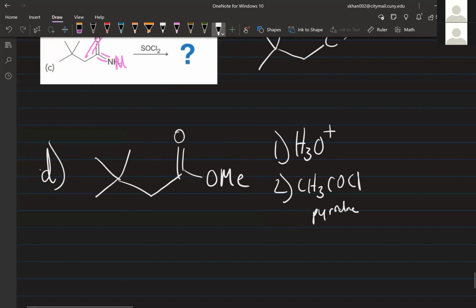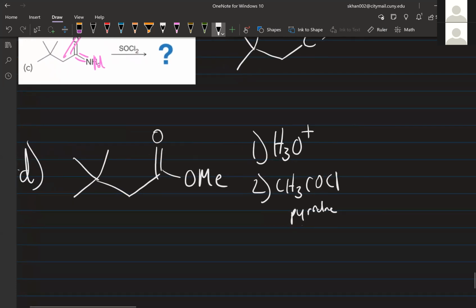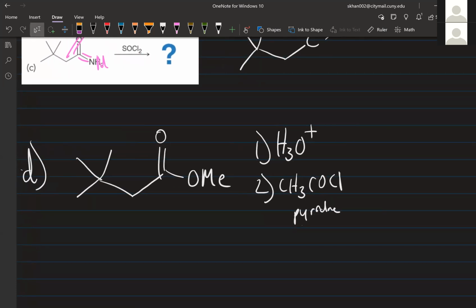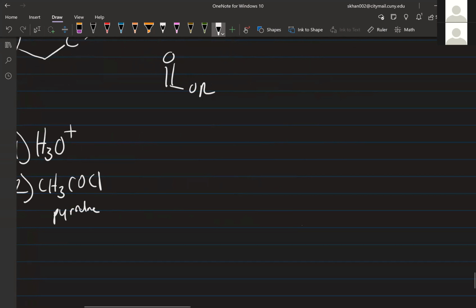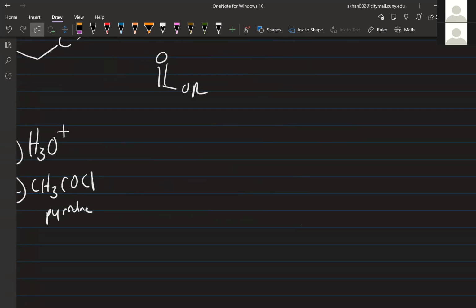So whenever you see any ester, generalized once again, OR, this is just acid-catalyzed hydrolysis. And if you have any H plus, or you see H3O plus, whatever it might be, all you're really doing is going back to the original carboxylic acid, right?